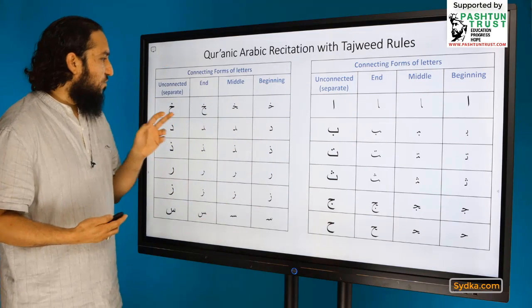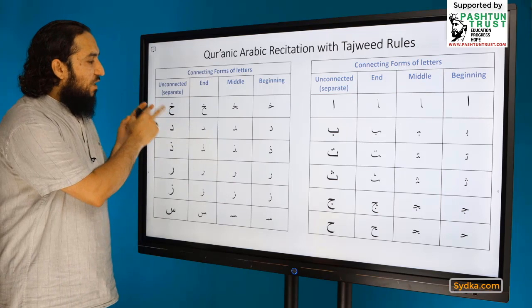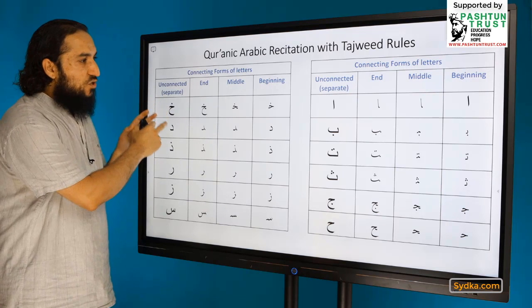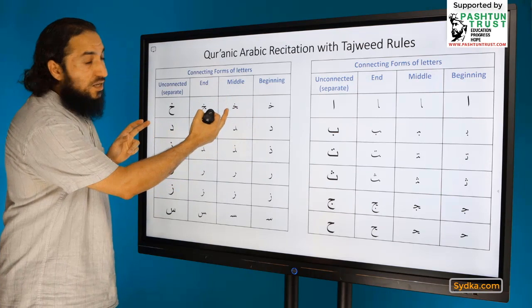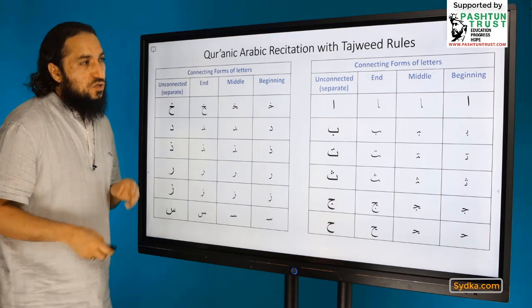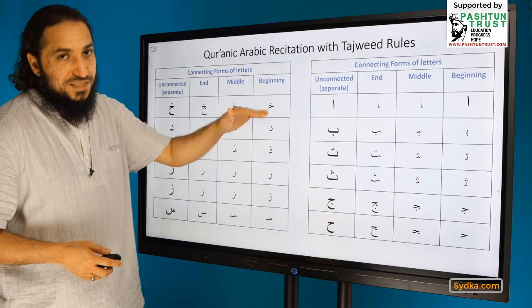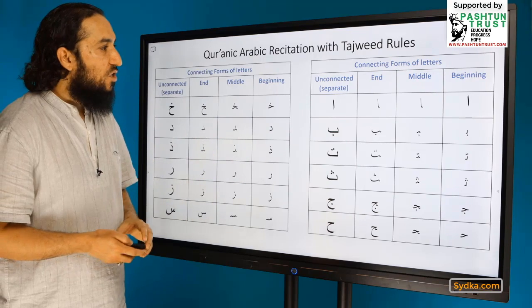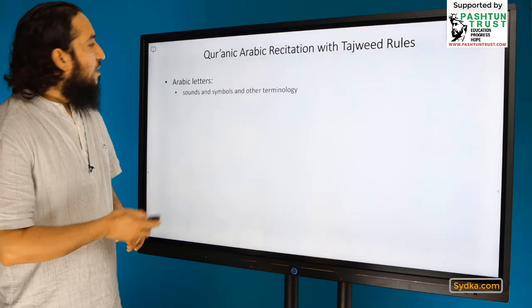Similarly, for another letter which is a connector, when it is on its own it has one structure, in the beginning of a word another structure, in the middle another structure, and at the end another structure. You don't need to know this right now. We will be discussing it one by one in future sessions.